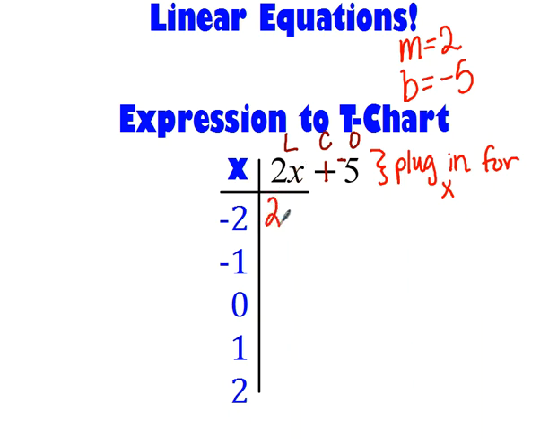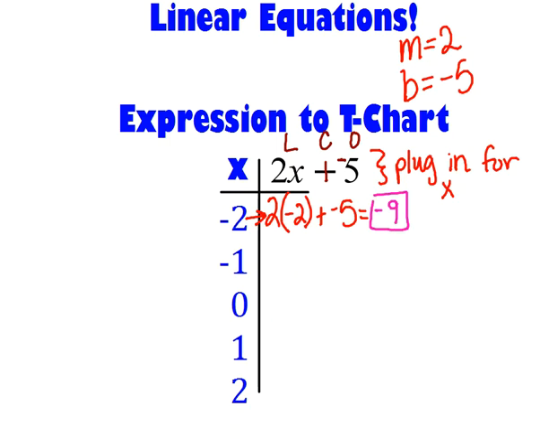This says 2 times x, and for x, we're going to plug in negative 2. The rest of our expression says plus negative 5. This is where order of operations comes in. 2 times negative 2 is negative 4, and negative 4 plus negative 5 is negative 9. So that would be our first value. When x is negative 2, y is negative 9.